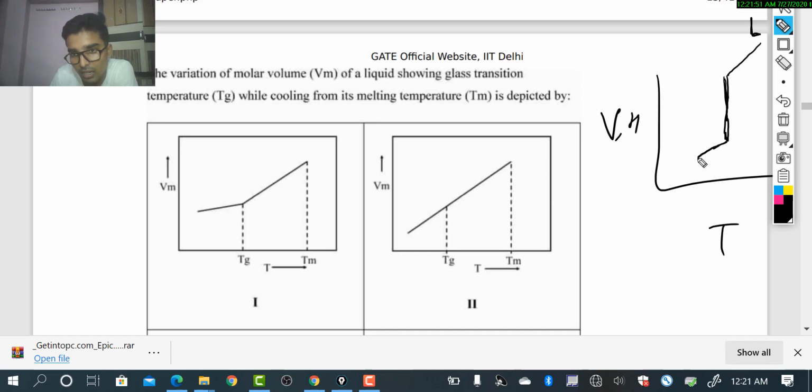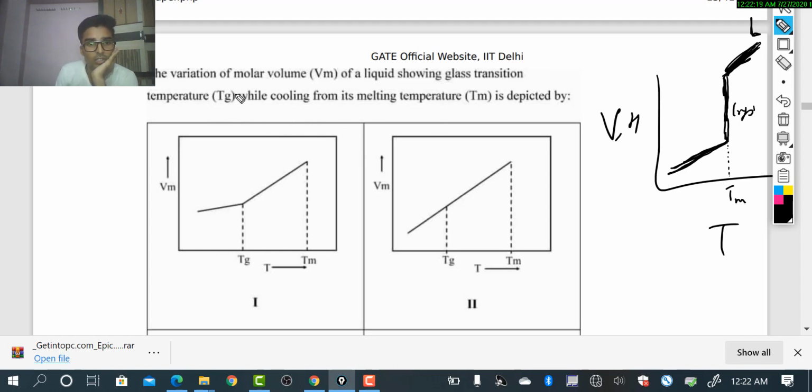After that the slope is steady again below the melting point. This is for crystalline. For amorphous material, it will also follow the steady portion.